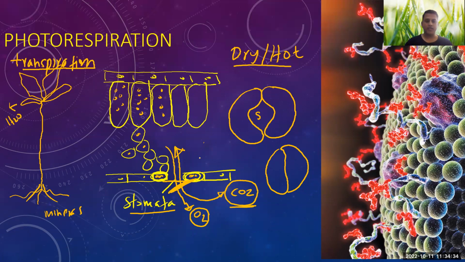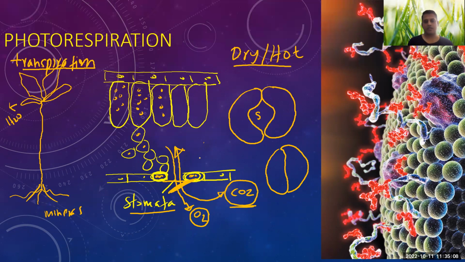If we take it throughout the day, it is not the case that the stomata is completely closed from 8 o'clock in the morning and then open at 8 o'clock at night. No, this is not the case. It's a very changing situation. It can open a little bit, close again, open a little bit, like that. It's very fluctuating, so it's not regularly happening.